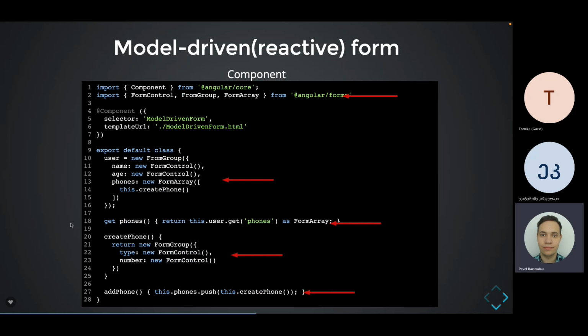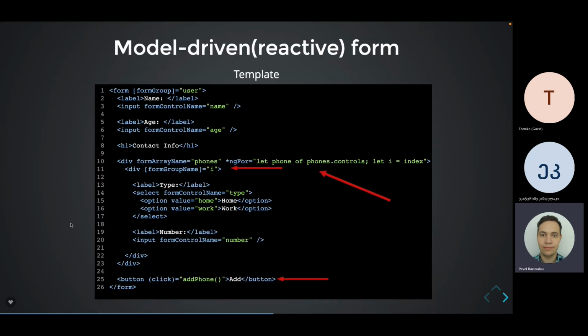So in the reactive form, we need the form array to hold the array value for the final result. So to create the new phone, instead of the regular object, we need to create the form group that will hold two controls that we've seen recently.